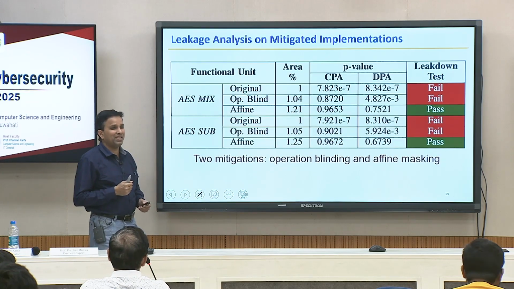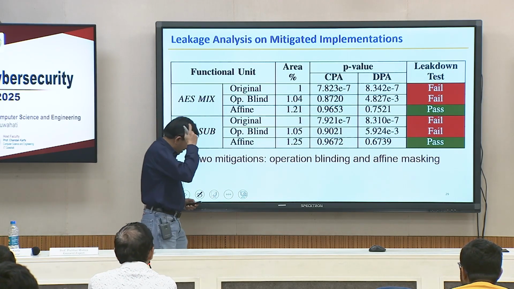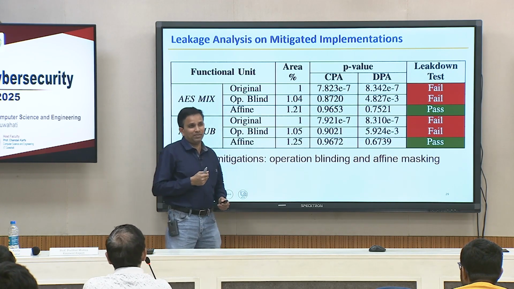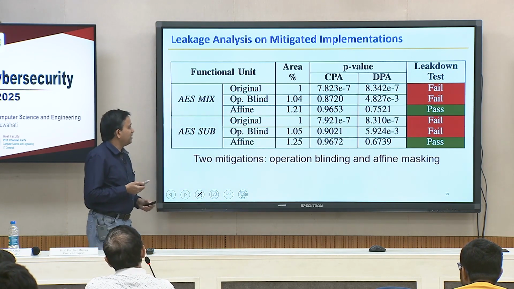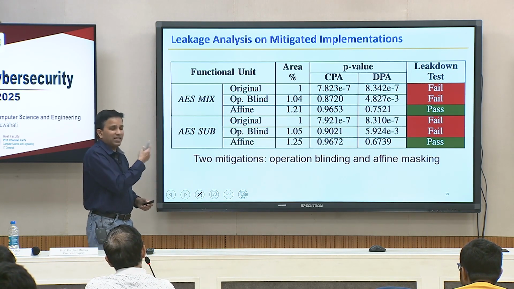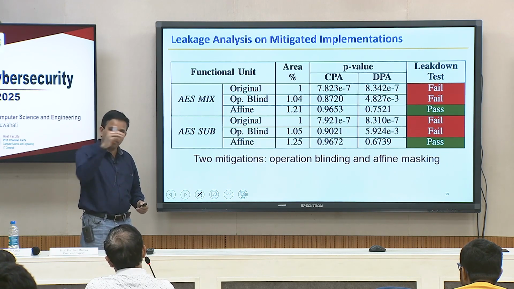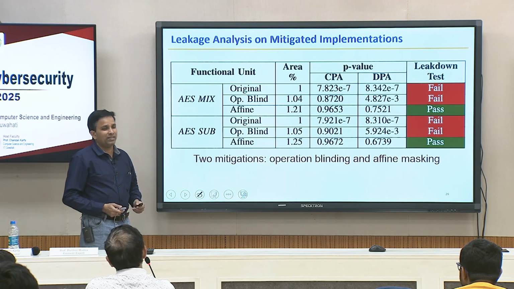So here affine masking means you mask those instructions and check, or what is that? I need to double check, but this is the mitigation of masking. And this is your work, or this group's work? Our work, yes. Affine masking, I think this solution exists, we just applied that on the instructions.